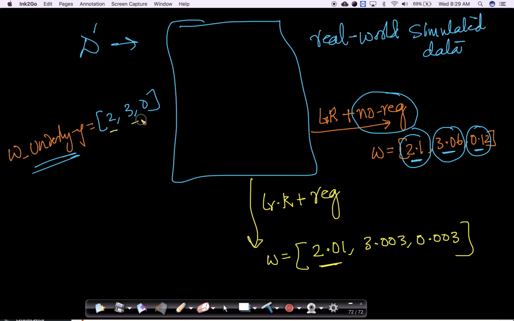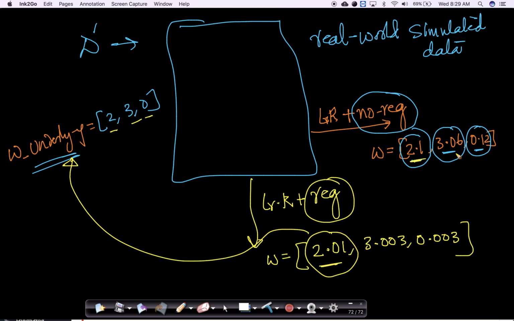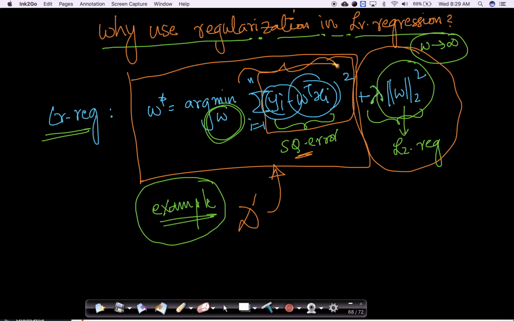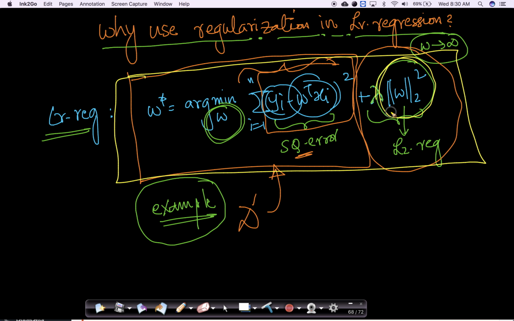The reason being, when there is a small noise introduced, without regularization the values are trying to simply minimize the squared loss. But when I have a regularizer, I have this additional term. And what is this regularizer trying to do?